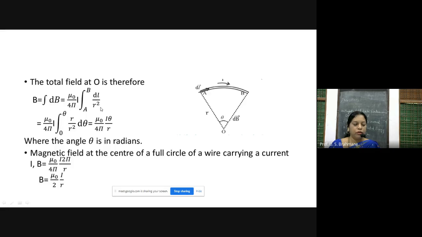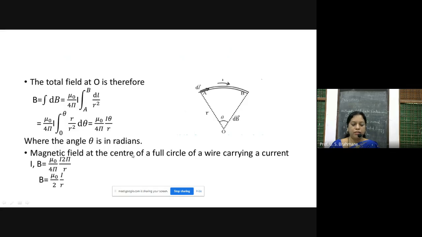Now, what is dl? It is r d theta. Now this was for the arc. For the arc, theta goes from 0 to theta. So that is r upon r squared d theta. Once you integrate d theta, it becomes theta, where the angle theta is in radians.